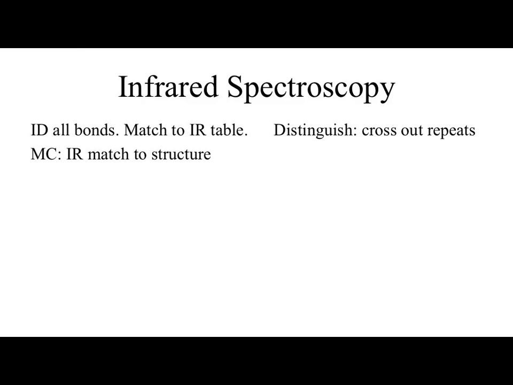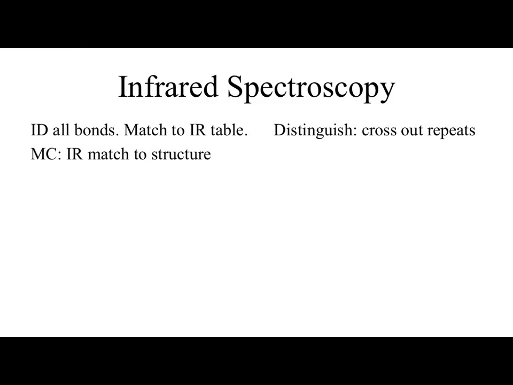So for each compound, given the structure, you can identify all the bonds because the structure is drawn right in front of you. Then compare your two columns of bonds. If the bonds are the same, that's not going to be useful to tell the difference between them, so you could cross those out.